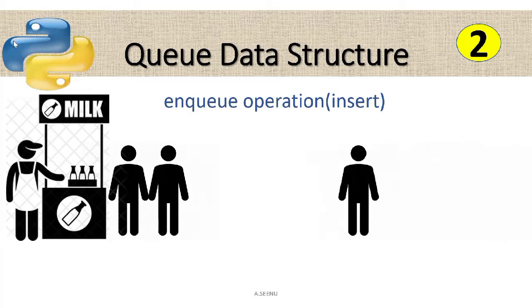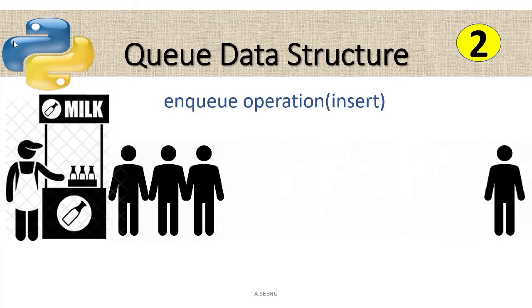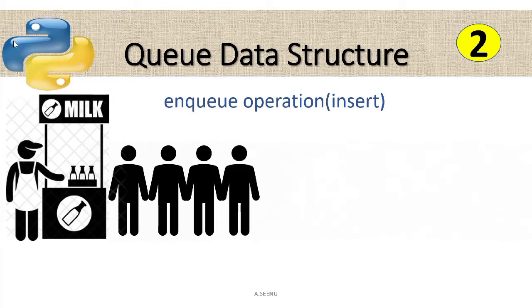Then another person comes and stands next to the first one, and a third person enters and a fourth person enters, and so on. So everyone is in a linear order. This depicts the enqueue operation, or you can call it an insert operation, which is similar to the push operation in the stack.